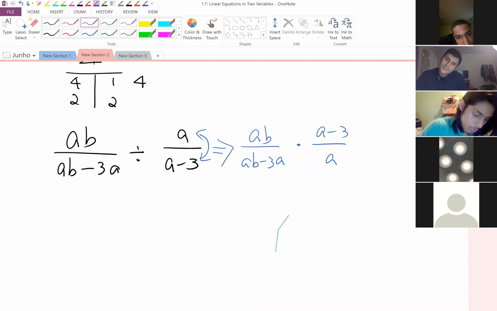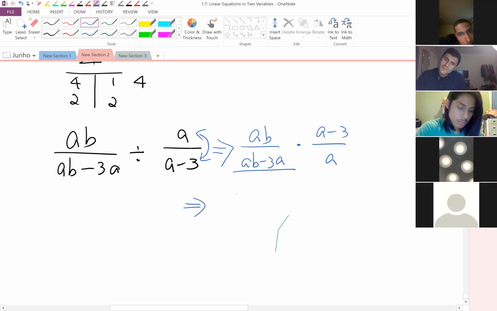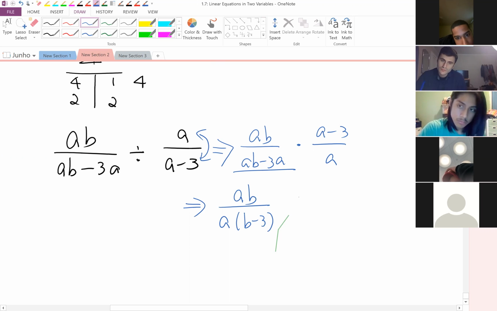Now, can you factor this one? Get the A common factor and cancel it out with the denominator. So then B minus 3, right?